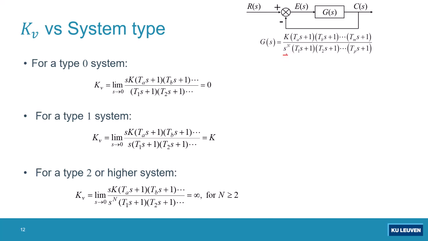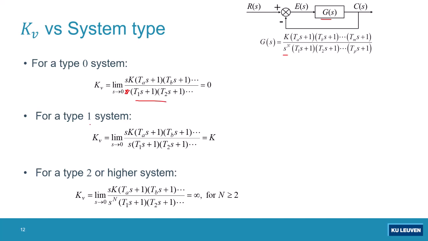That means we don't have a pole that is equal to 0 in the open loop transfer function. Since there is no term s here for type 0 system, the static velocity error constant, if you just substitute 0 to all of the s's here, will be equal to 0.